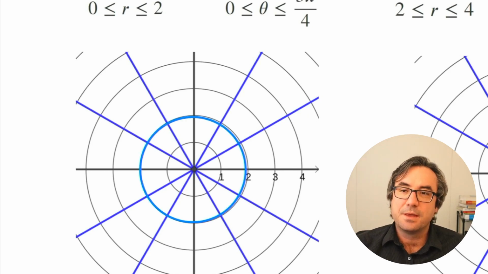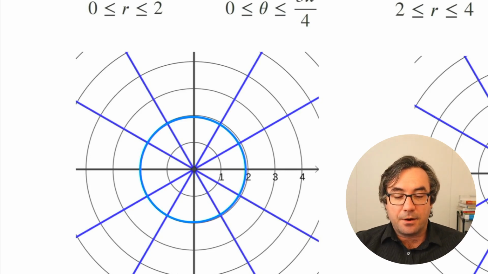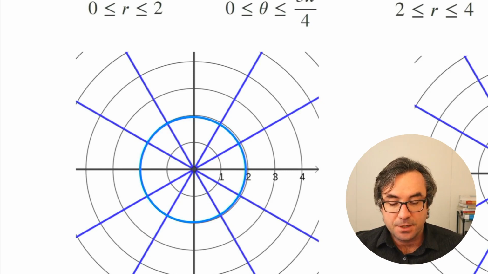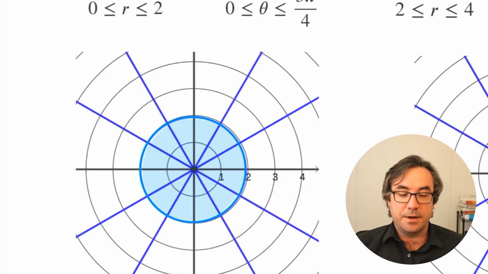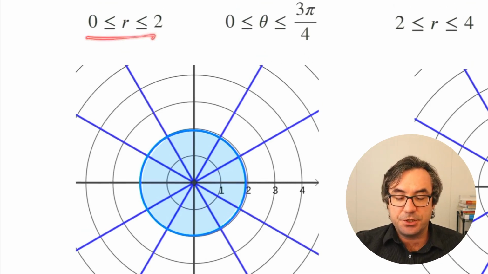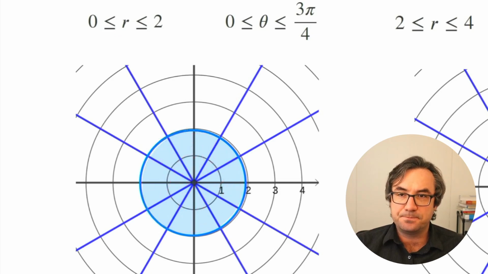So r equals 2 is just this outer edge. r equals 0 is the origin, and then we want to shade in everything from there. If it was just this inequality, r between 0 and 2, this is what it would look like: the circle, and then everything inside that circle.